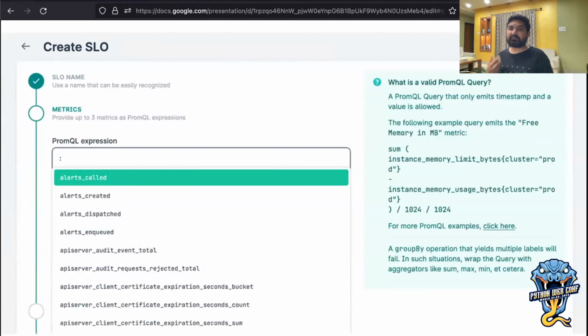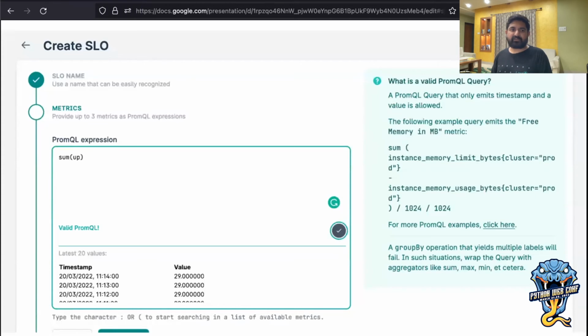Then I go ahead and select a metric. As you might remember from the previous ones, we collected metrics for the application as well as resources. And now that I know what metrics are important, like the SLIs such as uptime and availability, I will try to write a PromQL expression to get that particular SLI, maybe availability, maybe uptime. In this case, I'm going for uptime.